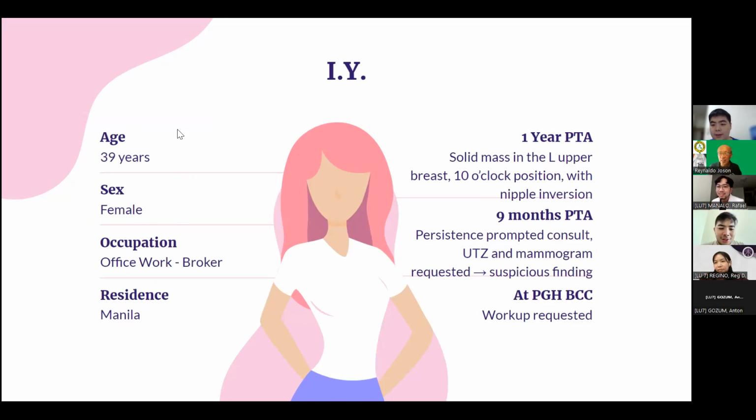So when you do a history, usually, nasaan ba yung bukol ninyo? Kaliwa, di ba? Usually, you don't ask, nasa 10 o'clock ba? Nasa 9 o'clock ba? You just go direct to the physical exam and then be the one to determine it. So it may not be part of your history anymore, it's part of your PE, no?